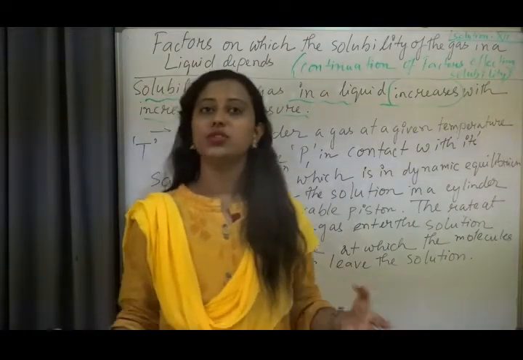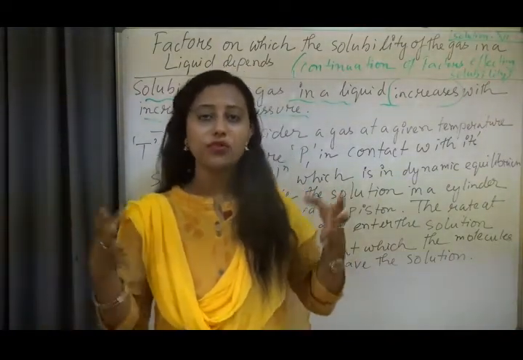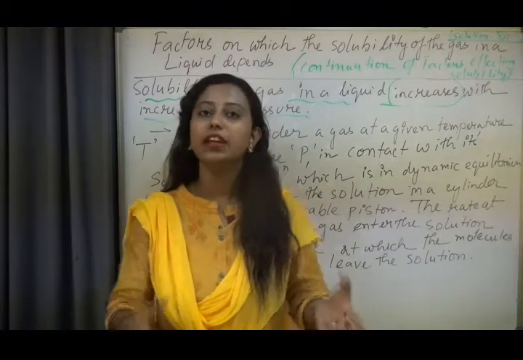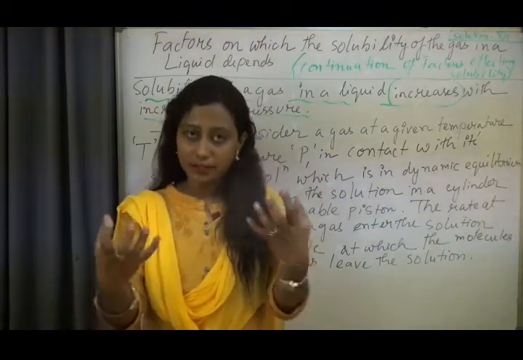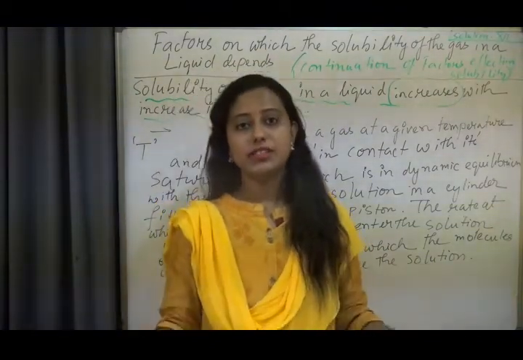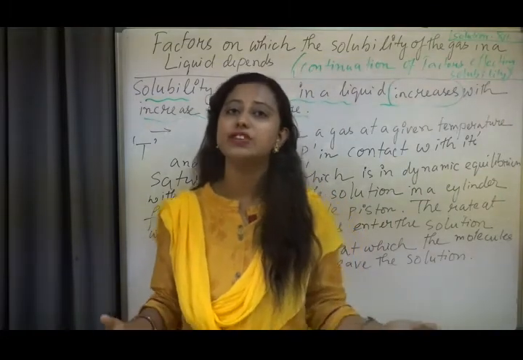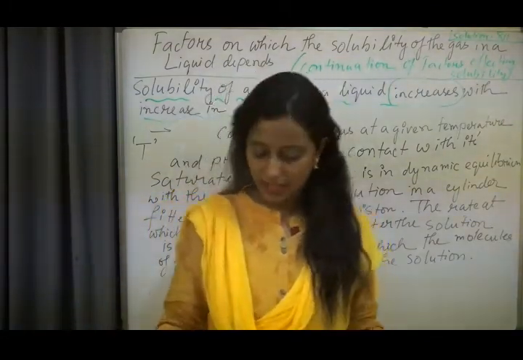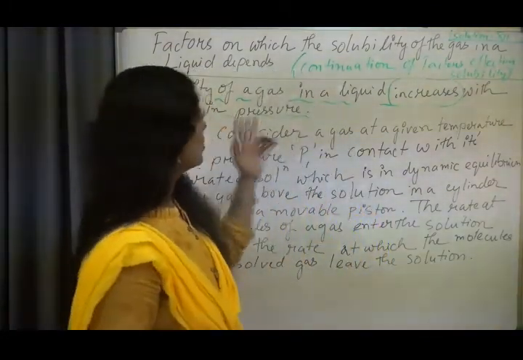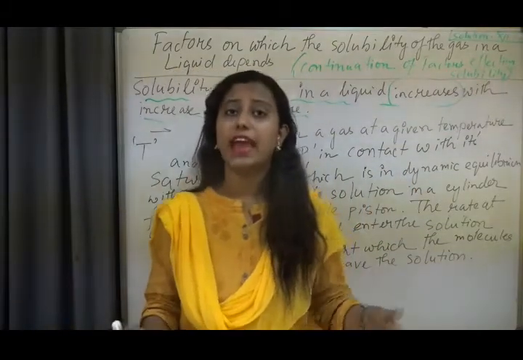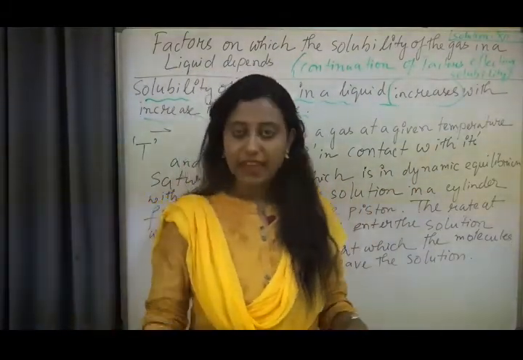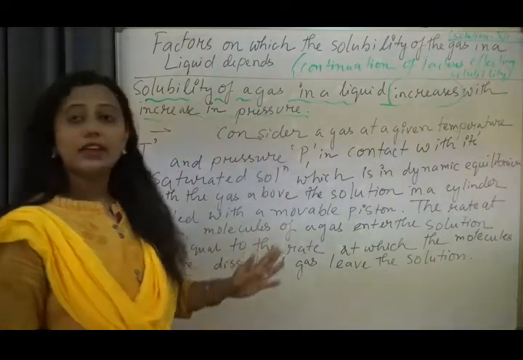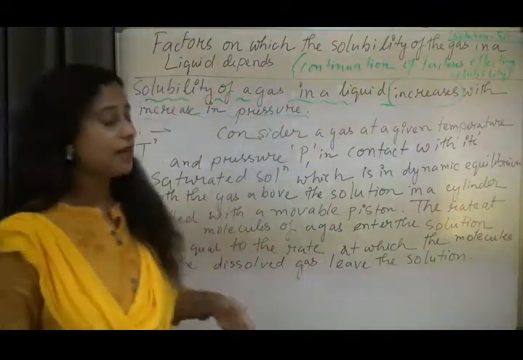So we need to apply high atmospheric pressure using low temperature. Depending on the conditions, we can liquefy hydrogen and oxygen gas. So by increasing the pressure, we can liquefy a gas. This can be explained with various examples.